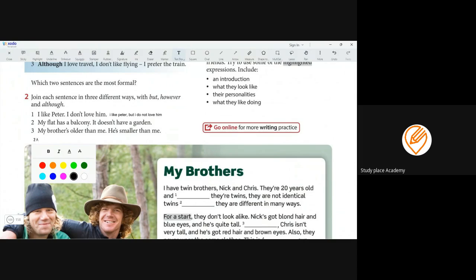Although my flat has a balcony, comma, it doesn't have a garden.